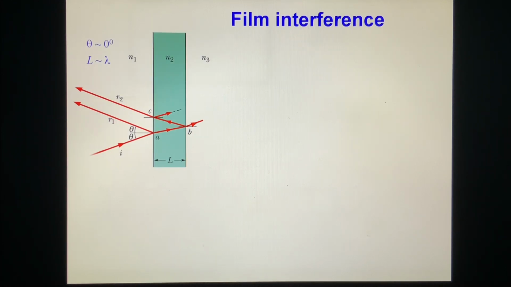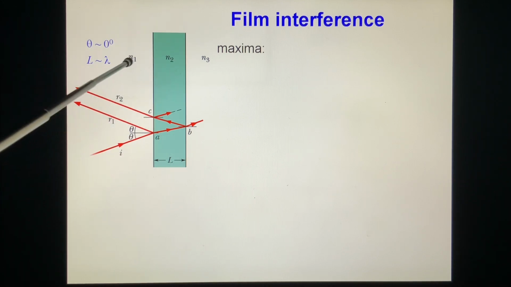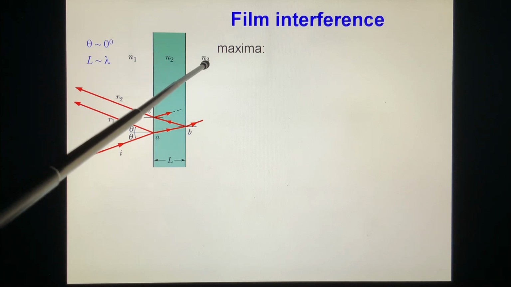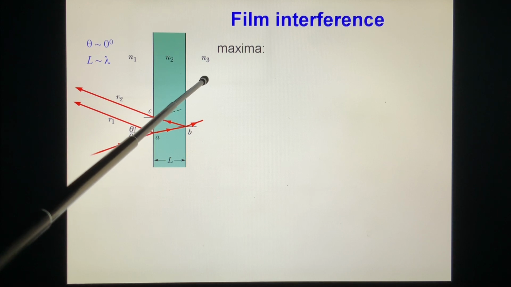Now we go back to our topic, film interference. This is the film with index of refraction N2. This is N1, this is N3. Suppose this is glass or water, and this is air. The situation here is that N2 is either larger than N1 and N3, or N2 is smaller than N1 and N3.